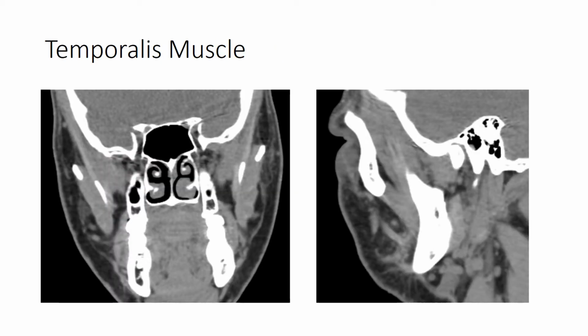This slide demonstrates coronal and sagittal section CT shown in soft tissue windows, and I'm trying to demonstrate the temporalis muscle. So start with the coronal CT.